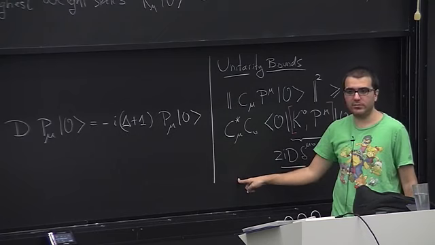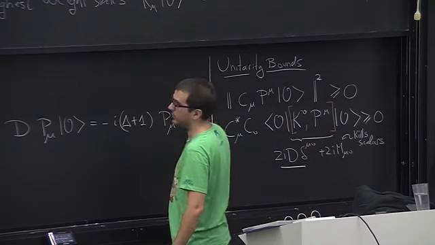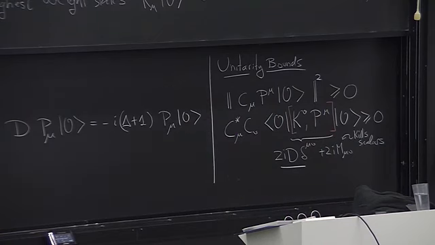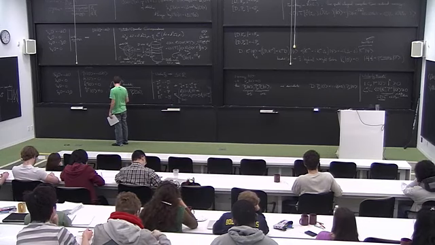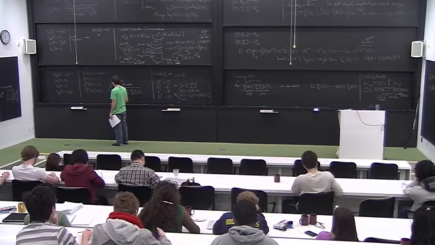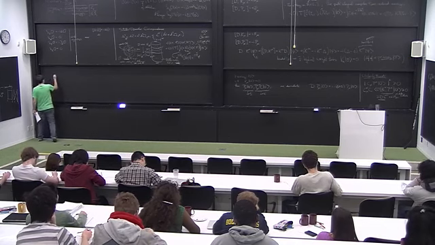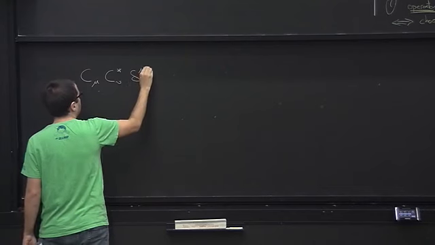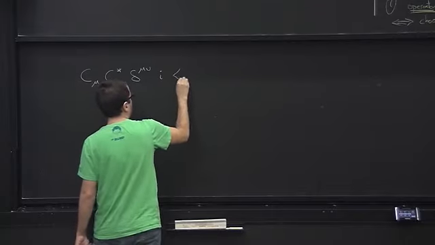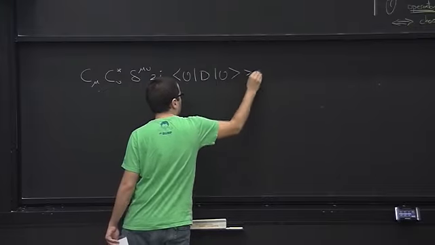Can you read if I write here, or should I move somewhere else? You cannot read? So then what we get is C mu dagger delta mu nu times 2i O D O bigger or equal than 0.